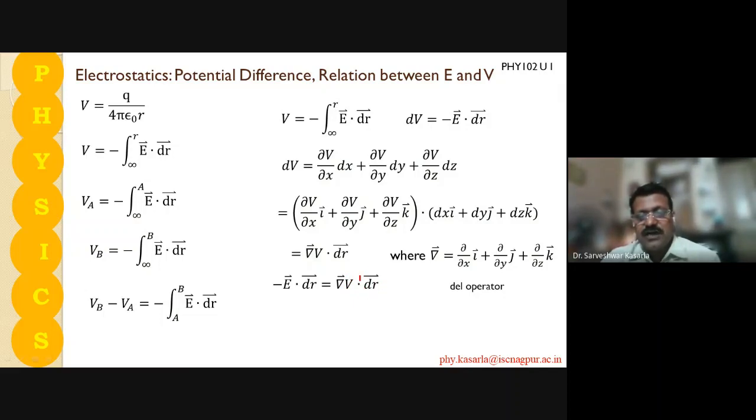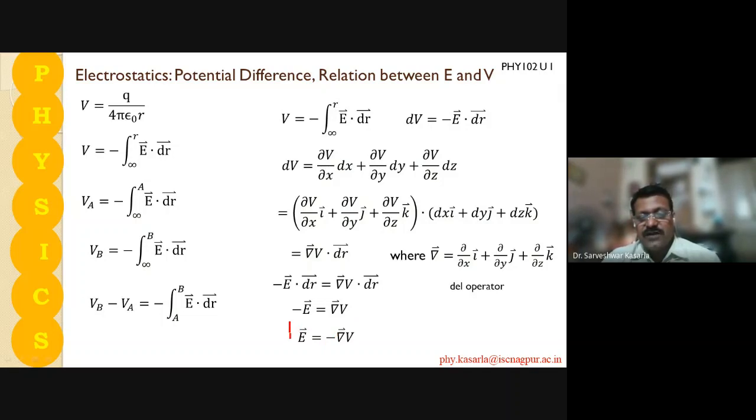This dot dr and dot dr is common, so it can be cancelled. So, minus of vector E, the electric field, is equal to del V. If you exchange the minus sign, then E is equal to minus del V.